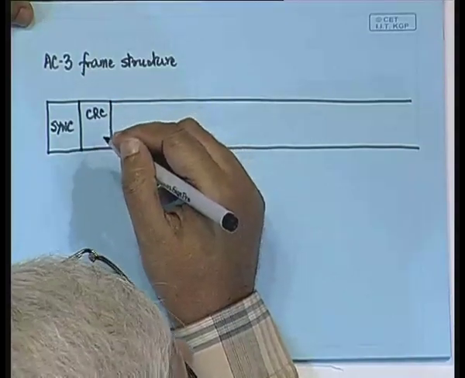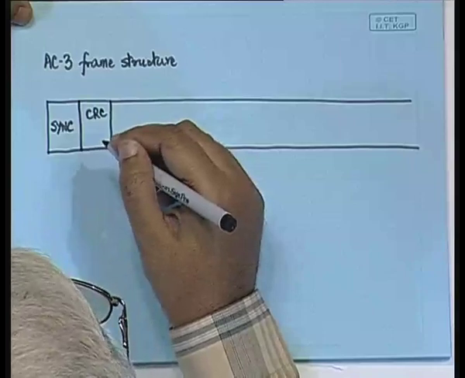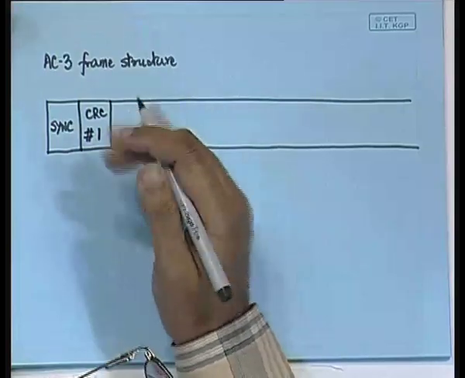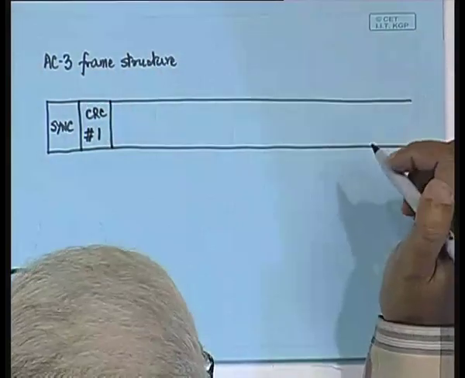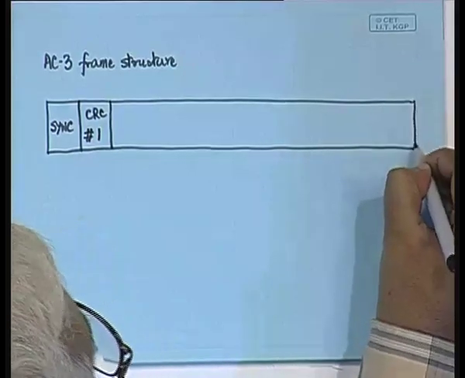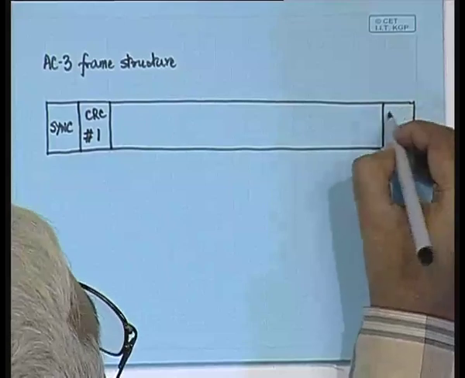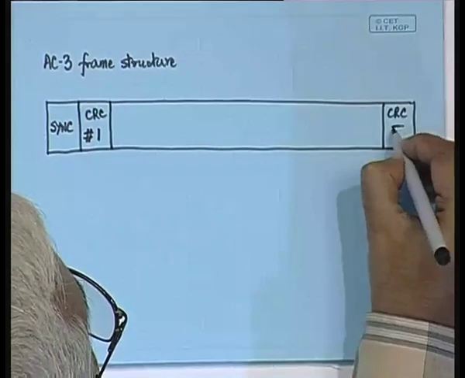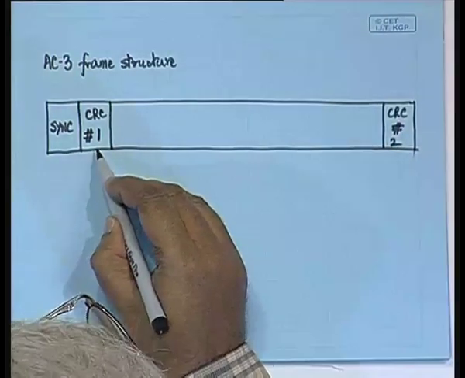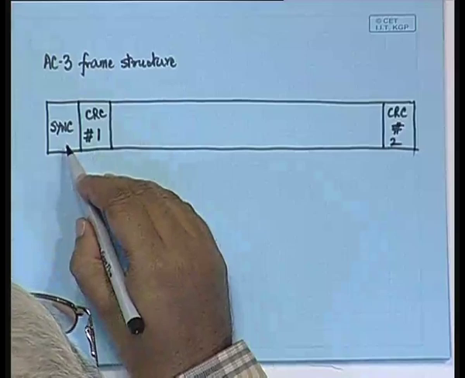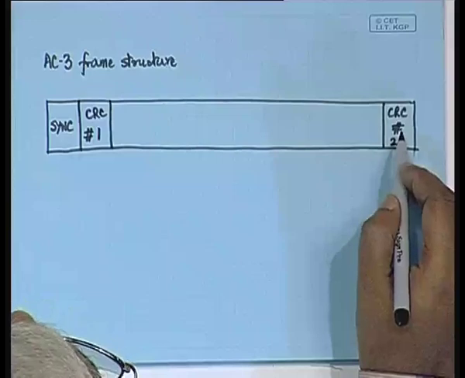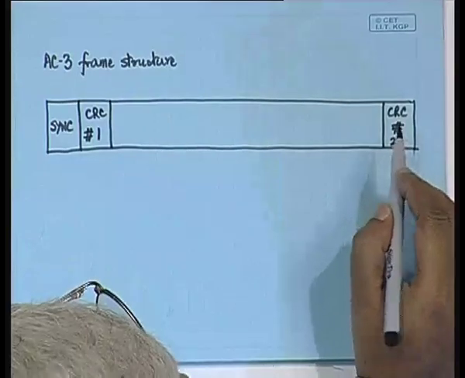In fact, there are two cyclic redundancy check blocks. This is called the CRC1 block, and at the end of the AC3 frame we will find yet another cyclic redundancy check, the CRC2. So, we have CRC1 at the beginning just after the sync characters, and the frame ends with another block of CRC characters, which is the CRC2.